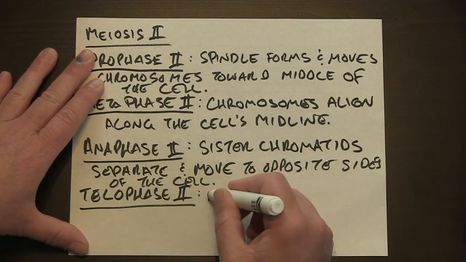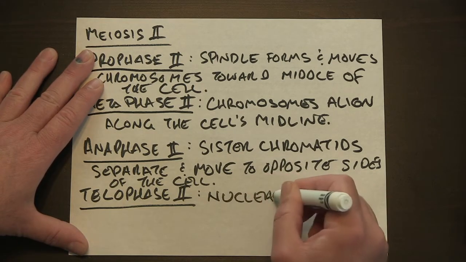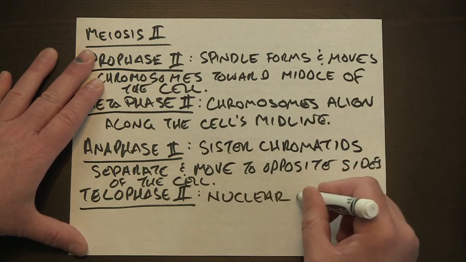And then, just like in mitosis, during telophase, the nuclear envelope starts to form around the chromosomes, the chromatids.